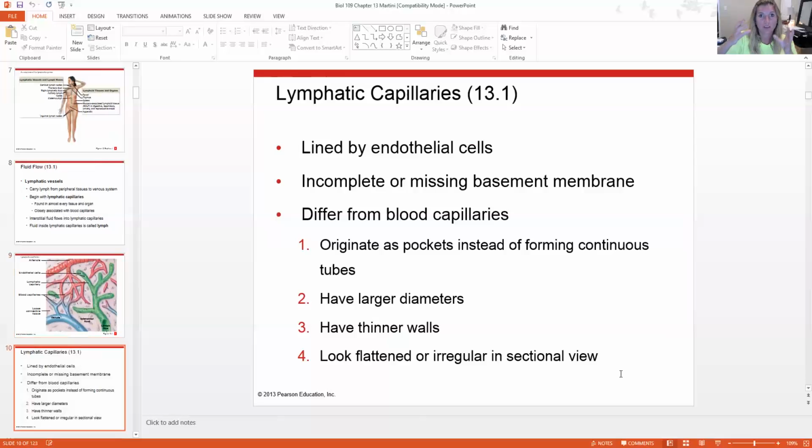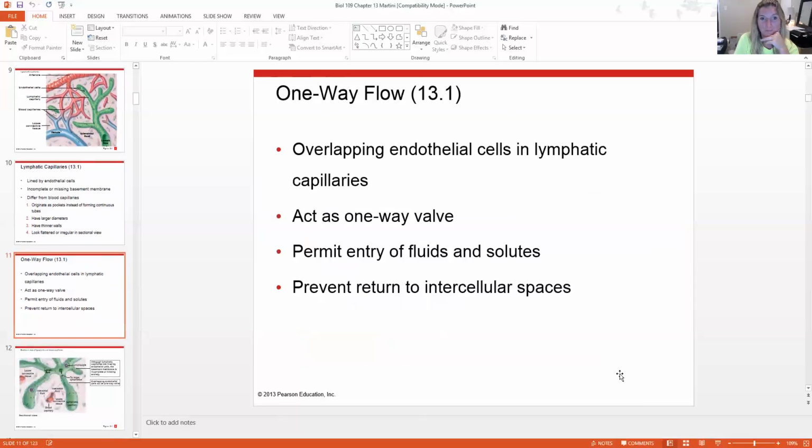So again, they're just sitting there like a vacuum hose within your interstitial fluid, instead of the arteries that flow into the capillaries, which flow into the venules, which flow into the veins. They have very thin walls, and they're usually irregular because they have very low pressure, because there's no pump system moving the lymph through.